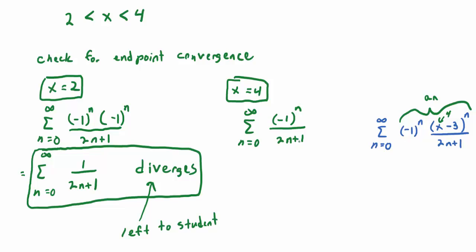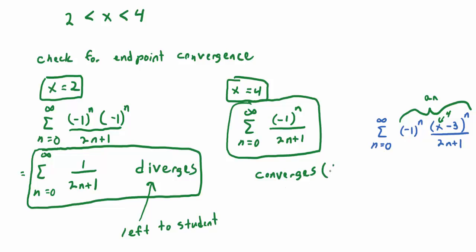Now, I don't have time to show that it converges, but what test would you use? So this is what you get when x equals 4. It converges. What kind of series is it? Yeah, so you could show pretty easily it converges by AST, alternating series test. Okay, so then we would include the 4.